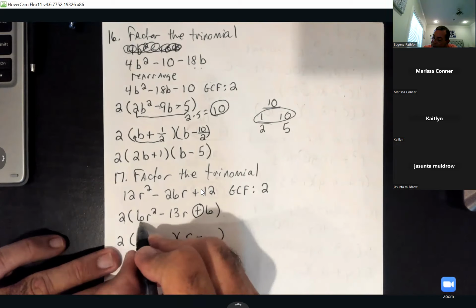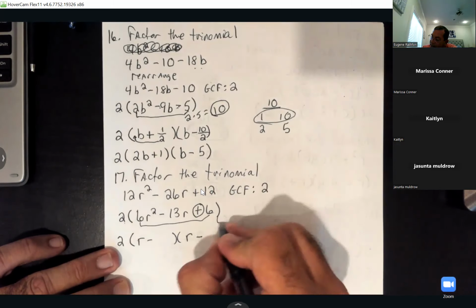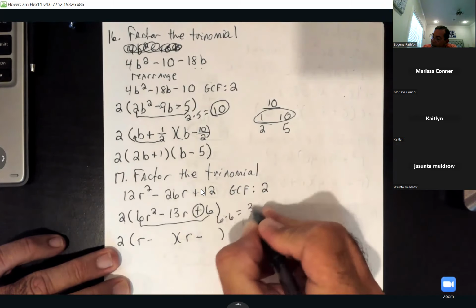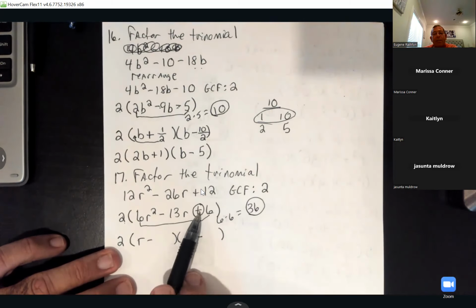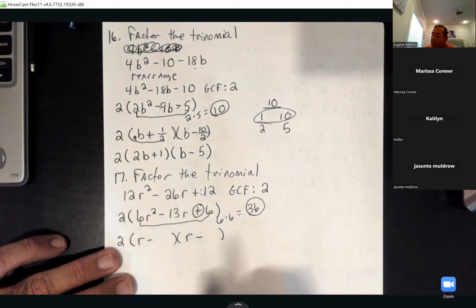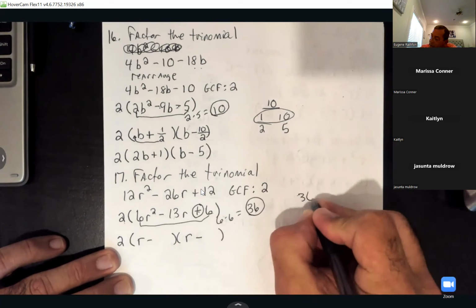All right, y'all, so let's see what we get. 6 times 6 is 36. Now, since that's positive, I won't factor the 36. That'll add to get me that 13. So y'all, let's play with that.